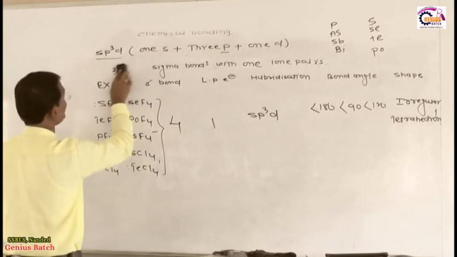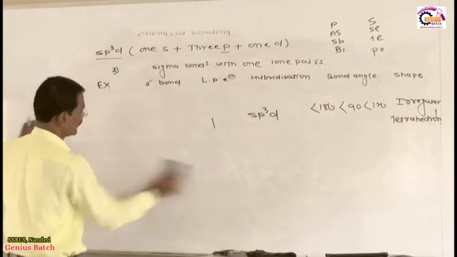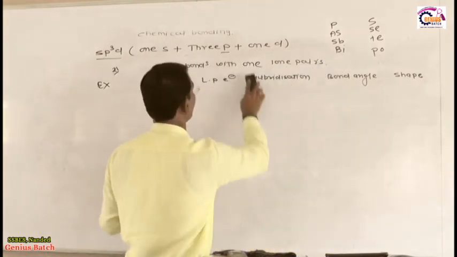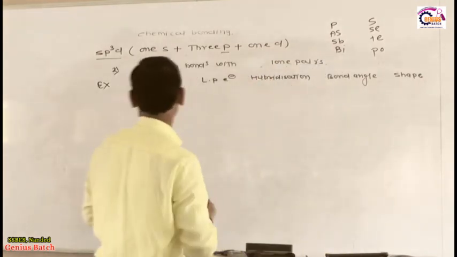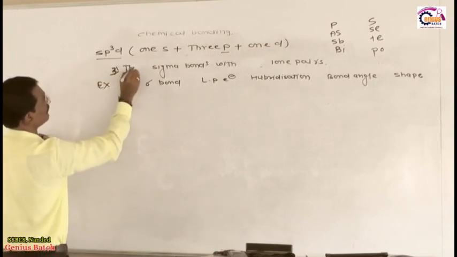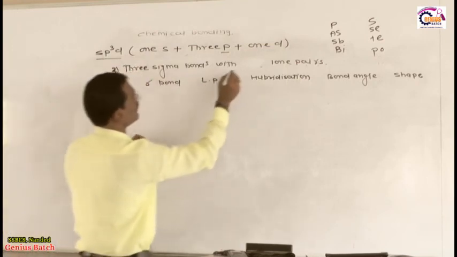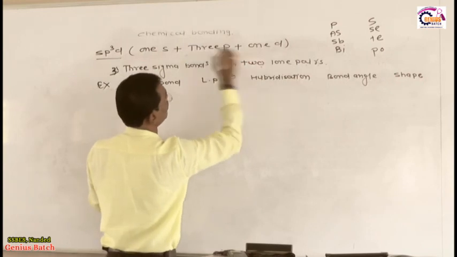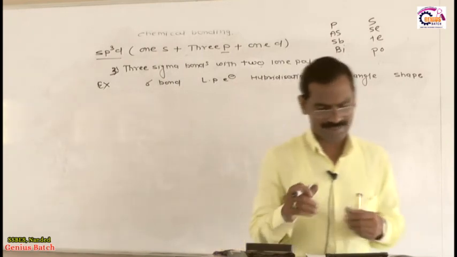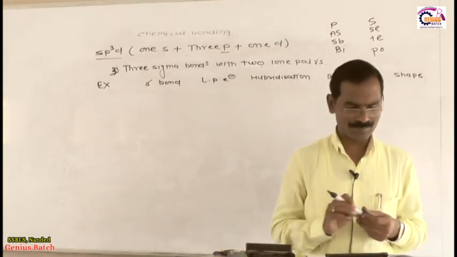Now listen, this case is also very important: 3 sigma bonds with 2 lone pairs. Then what happens with the bond angle, what happens with the geometry? This is the third case which I am discussing in front of you: 3 sigma bonds with how many lone pairs? 2 lone pairs. Now dear friends, which are the examples of this molecule?